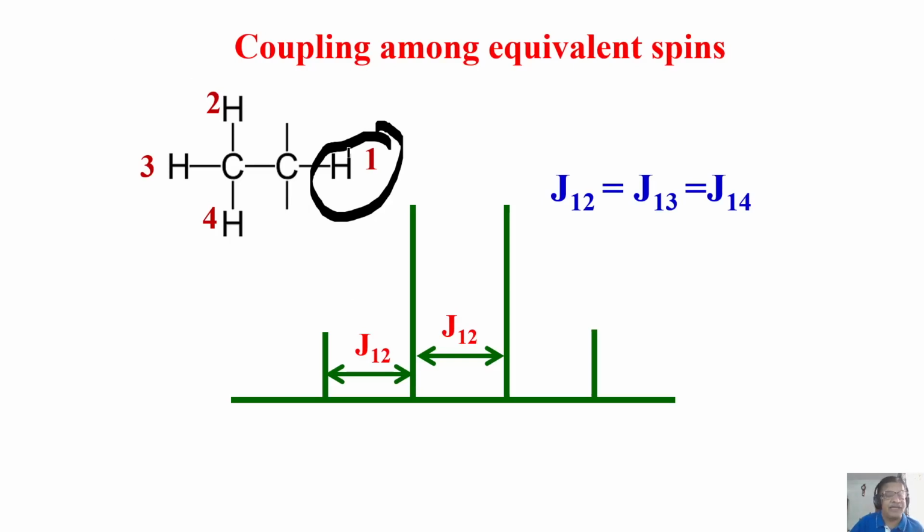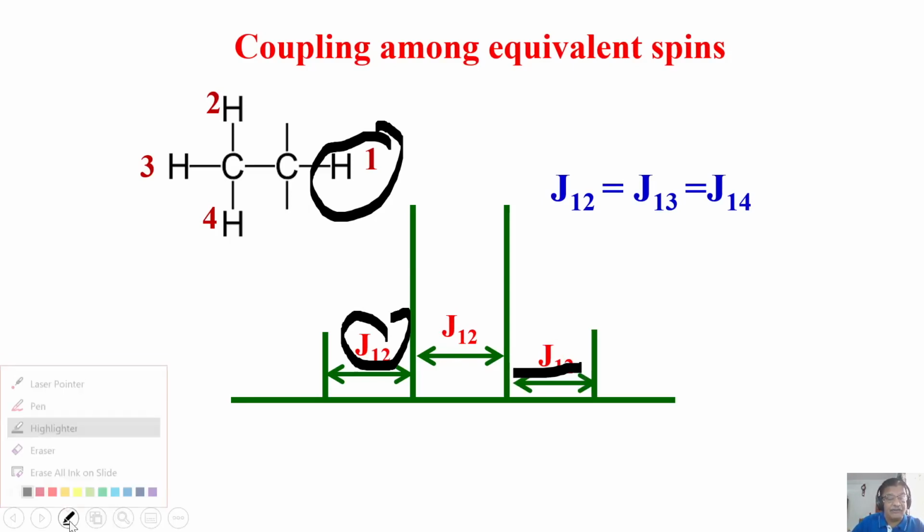Similarly, in the triplet case, you get three lines. Adjacent transitions, if you select, measure the coupling, that will give you coupling between CH and CH2. Similarly here, if you take adjacent transitions, this is the coupling strength between CH3 and CH. You can take any of the adjacent transitions, this doesn't matter. All the three are fine. Any of them if you want, you can take it. There is no problem. It will give you coupling strength.